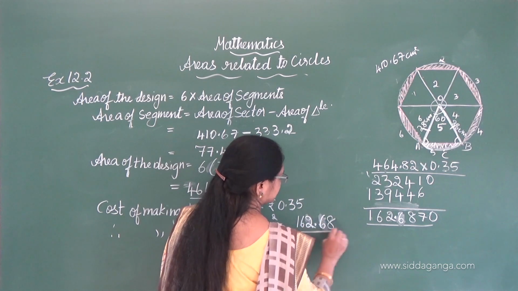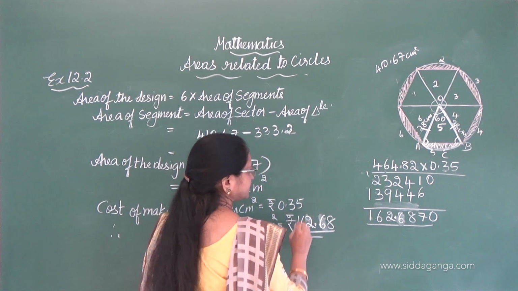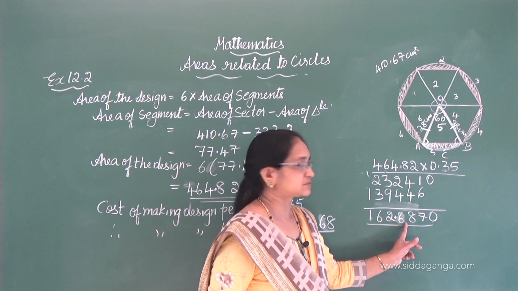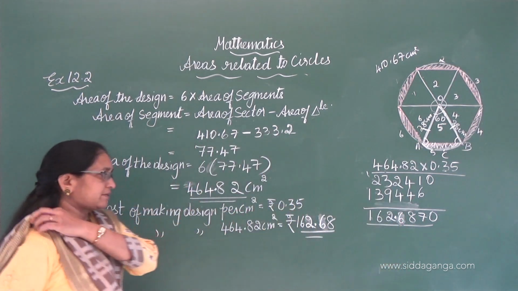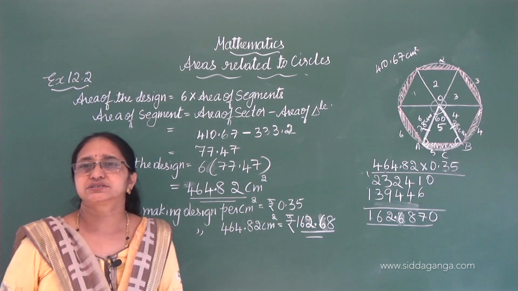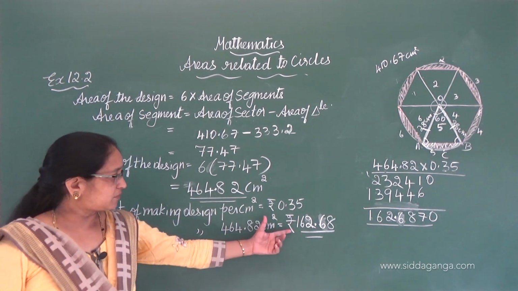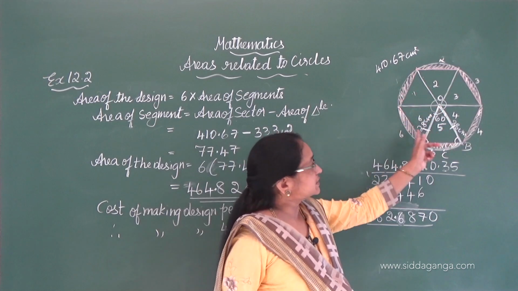Sorry, it is 6, 4 plus 2, 6. Okay. Now what is the amount? 162.68 rupees. That is the amount to make the design.